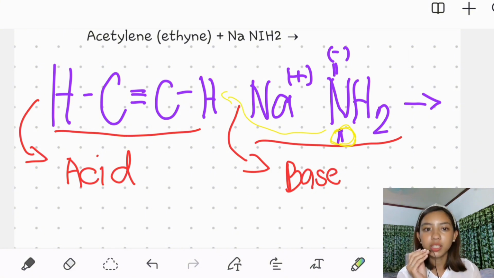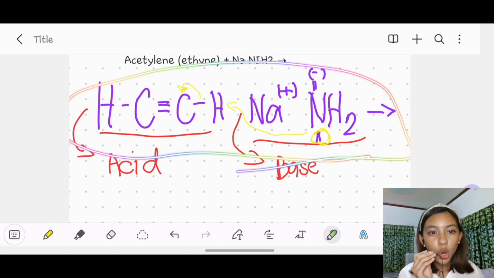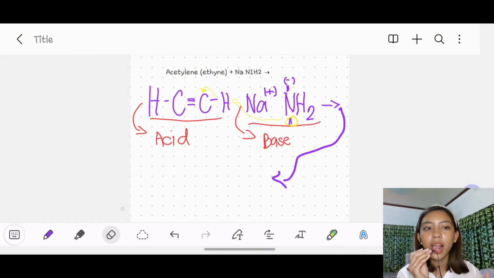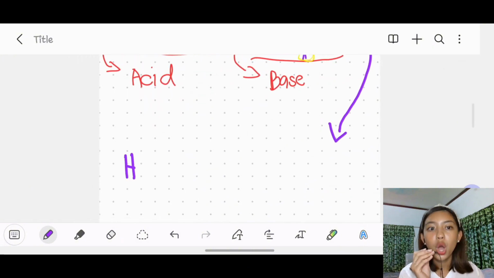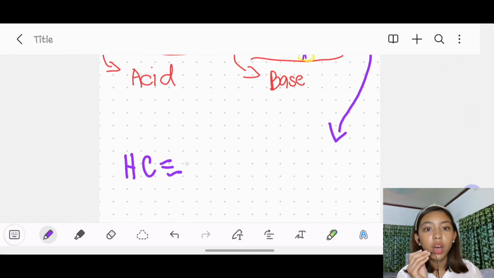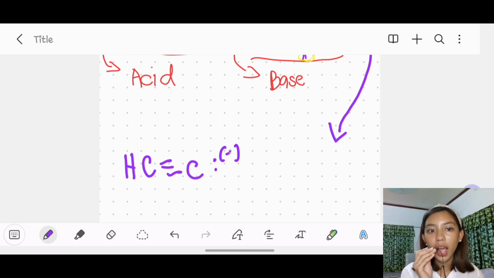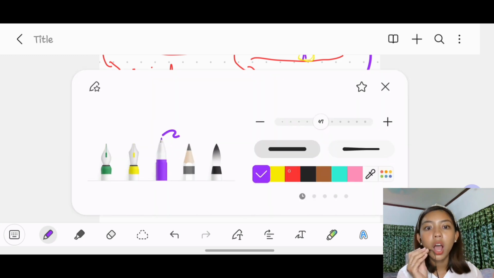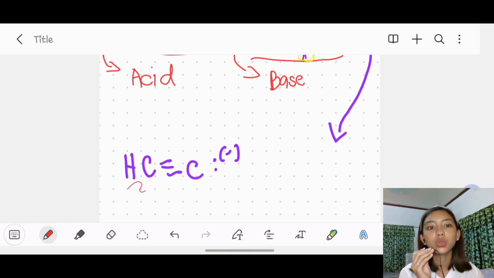The reaction mechanism involves the sodium amide's lone pair of electrons attacking and pulling away the proton from acetylene. We can represent this with an electron pushing arrow. When the proton is removed, the bond between carbon and hydrogen breaks, and the pair of electrons goes onto the carbon.